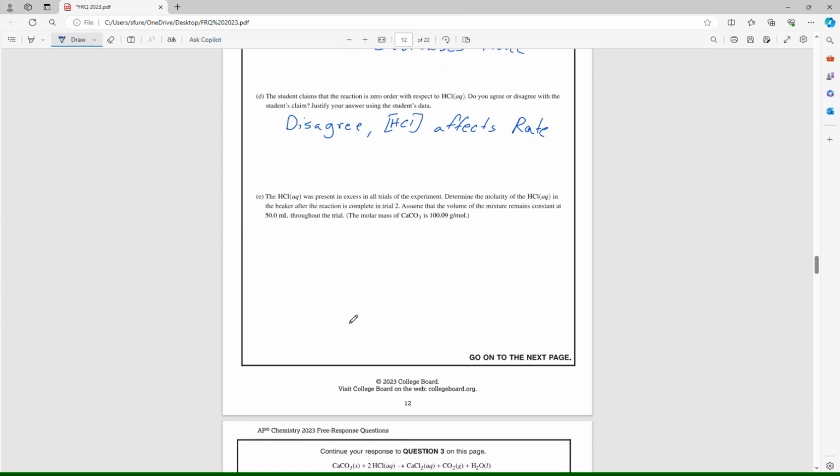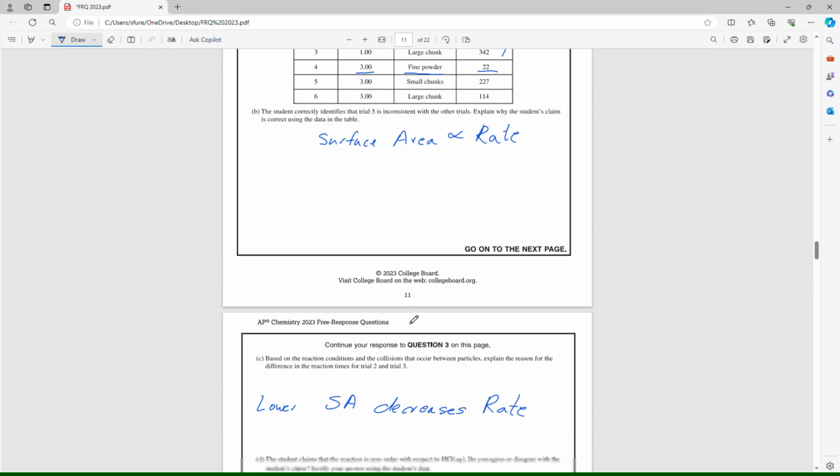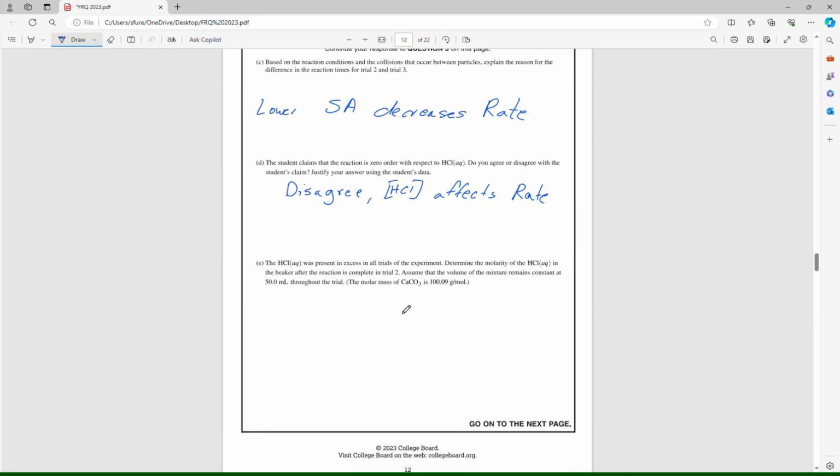The HCl was present in excess in all trials of the experiment. Determine the molarity of the HCl in the beaker after reaction is complete in trial 2. Assume that the volume of the mixture remains constant at 50 milliliters throughout the trial. So we're going to want to find the initial moles of HCl that we have, and then the final moles of HCl, and then divide by 0.05 liters, which is this converted to liters.